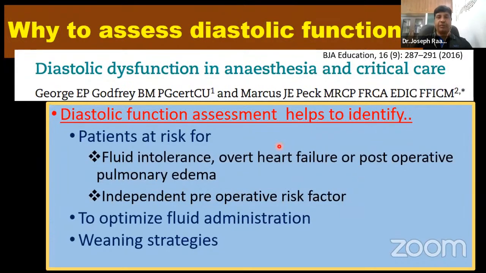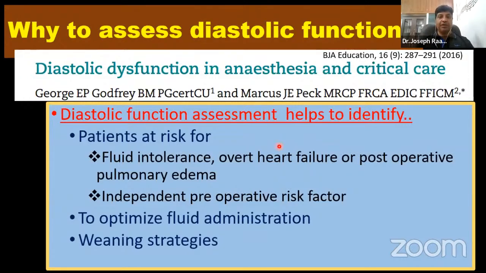It has been clearly proven beyond doubt that it is one of the independent preoperative risk factors for the development of postoperative pulmonary complications, especially pulmonary edema. If not managed properly, it can also cause heart failure and postoperative worsening of systolic function. So if you know which patients have diastolic dysfunction, you can stratify the risk.